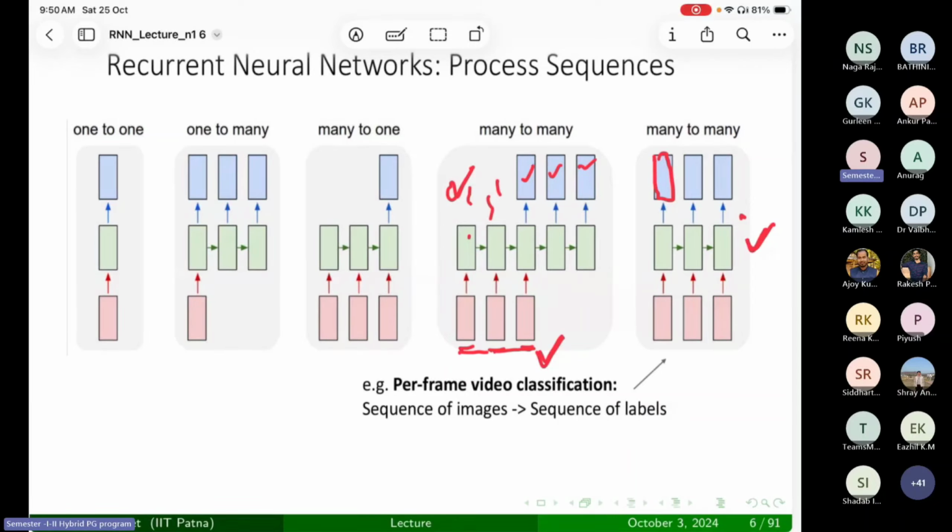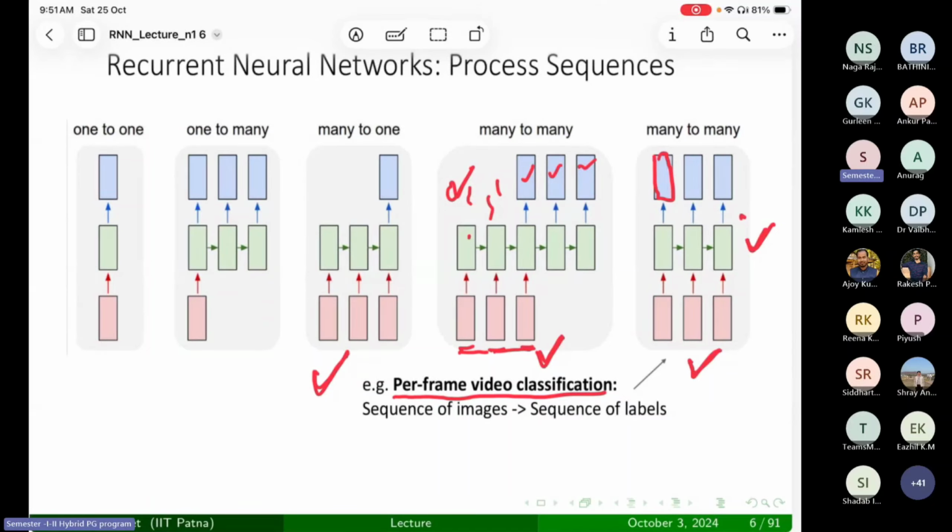Suppose you have to do the frame classification of a video. You are given the video, but I'm interested in getting the class of every image, every frame of that video. In the earlier case, we were predicting only one class for the whole video. Now here I want to get a class for every frame of the video.